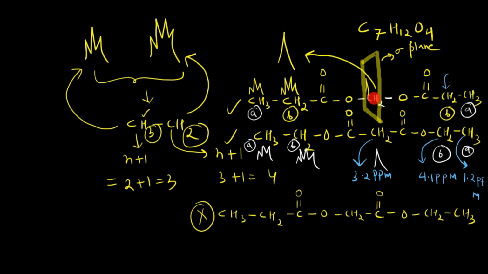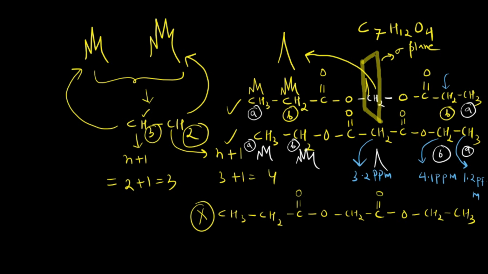This CH2 is connected with the oxygen and oxygen here, and this CH2 is connected with this one and this one. This CH2 is connected with the carbonyl, and this CH2 is connected with the oxygen. You see this particular one, this is a typical acetal linkage. And you know this oxygen is highly electronegative, so it will give you a way downfield chemical shift.